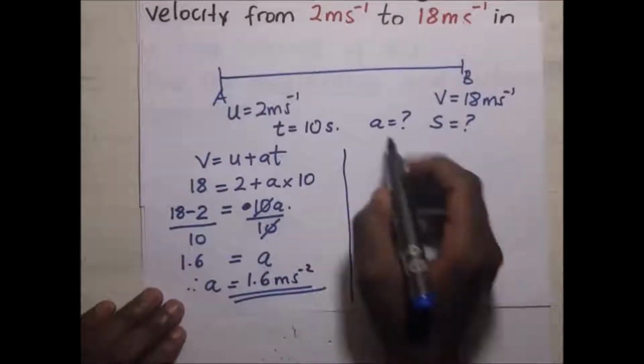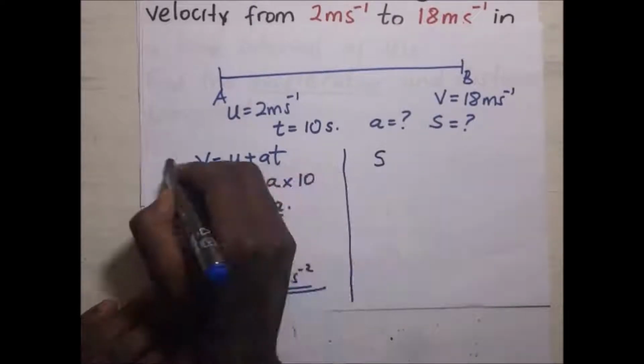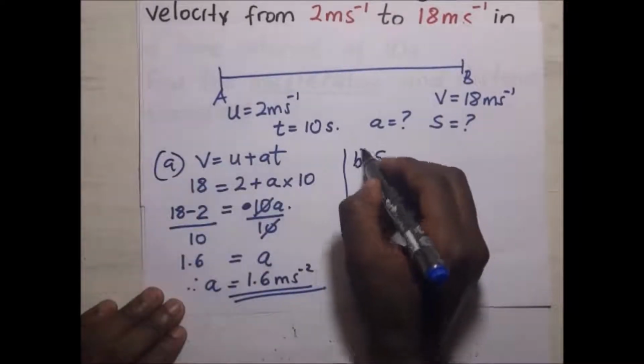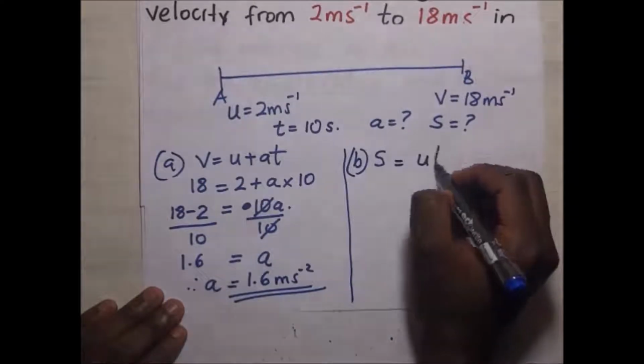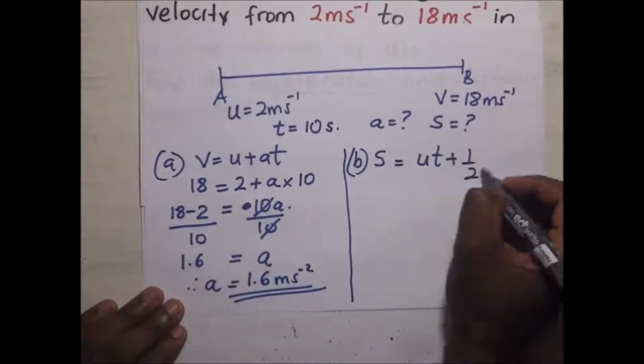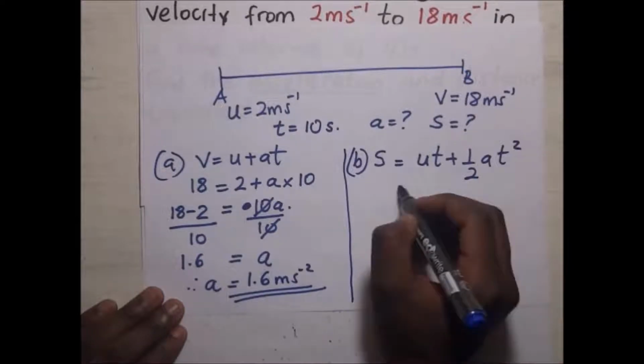After finding our acceleration, we can now go ahead and find the distance traveled. To answer part B, the distance traveled s is equal to ut plus a half at squared.